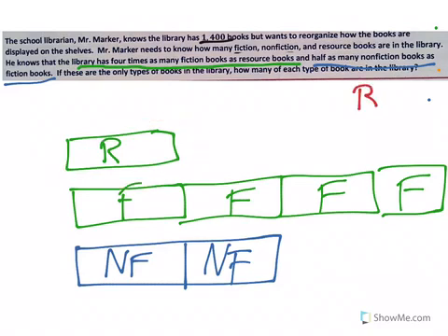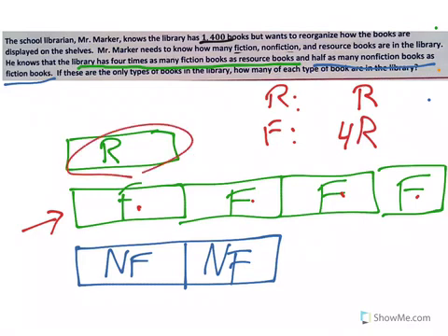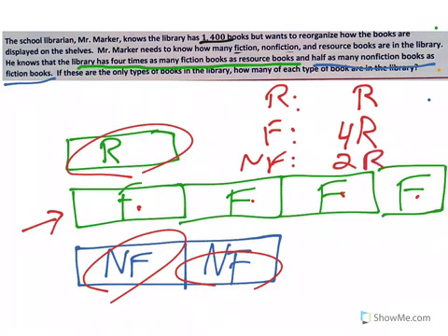If resource is R, then fiction is 1, 2, 3, 4 times R, so fiction is 4R. And here we have 1, 2, so nonfiction would be 2R, 2 times R.